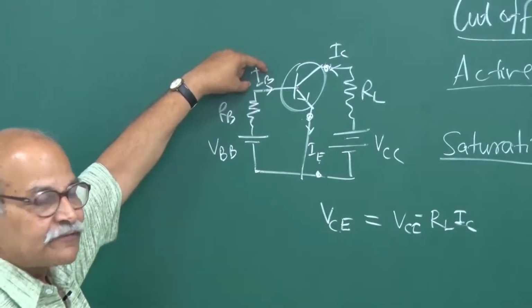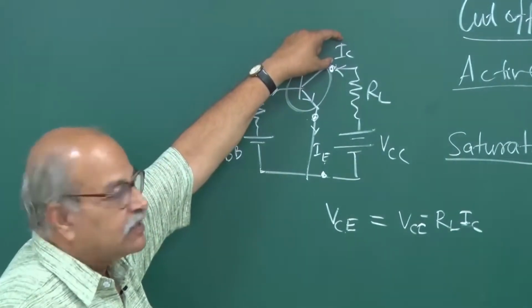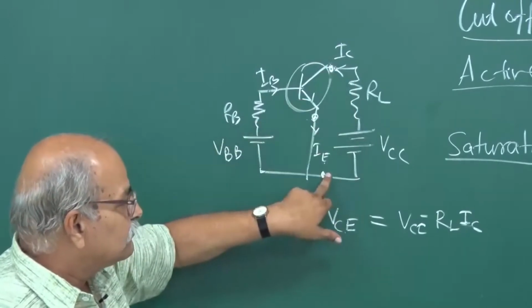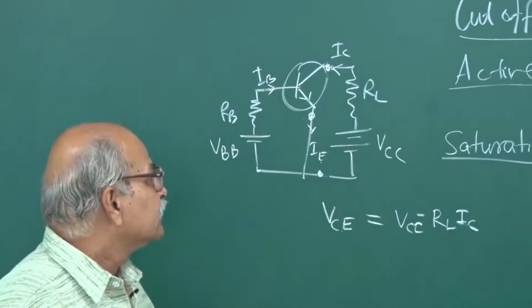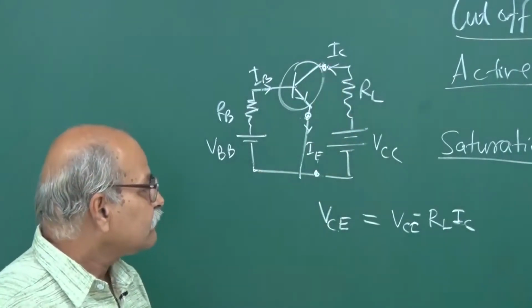By just increasing this, you can get a situation where IC is increased so much that this drop is now very small, because this drop is VCC minus RL times IC. The current is going in this direction.